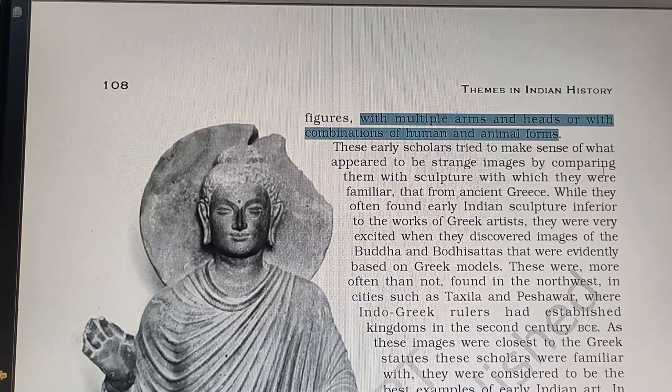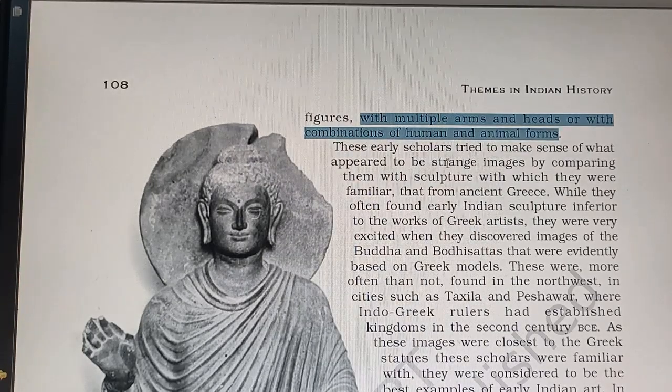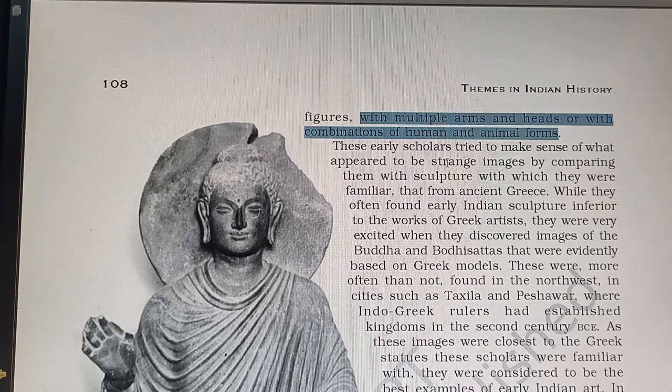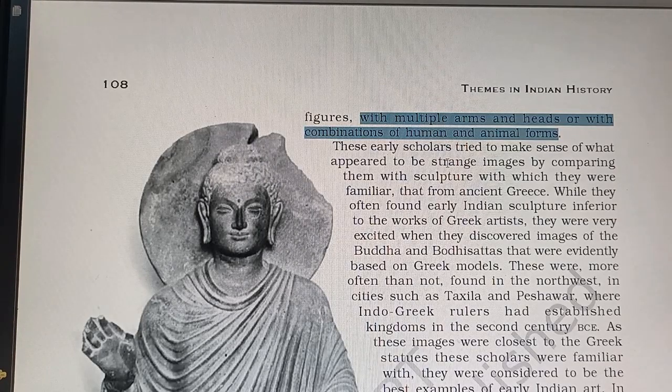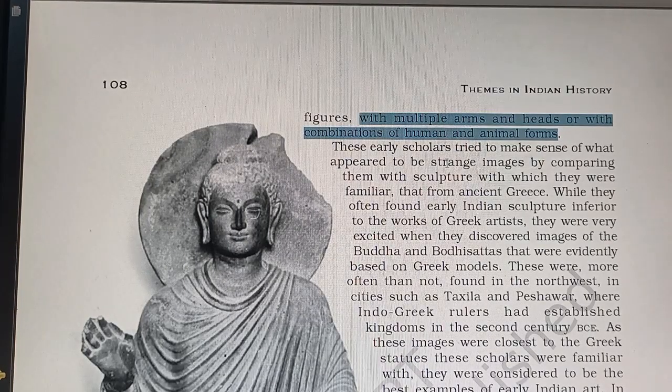So scholars started studying them, and the first way to study sculpture was that early scholars tried to understand these strange things by comparing them with the sculptures they were familiar with, from ancient Greece.